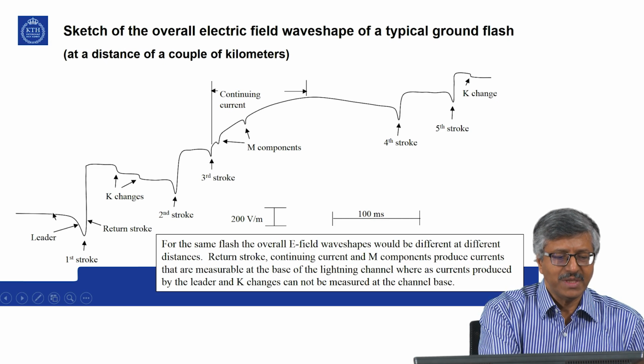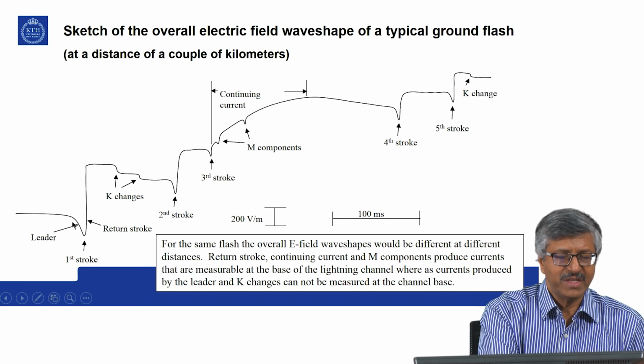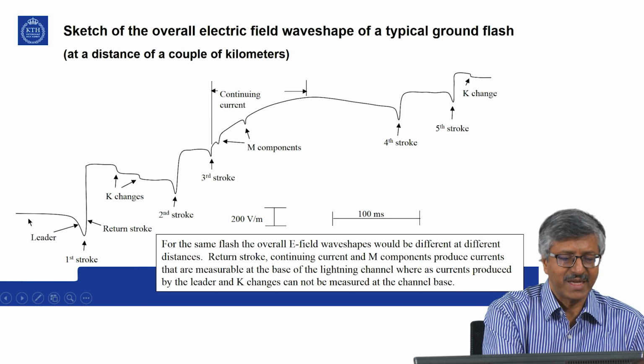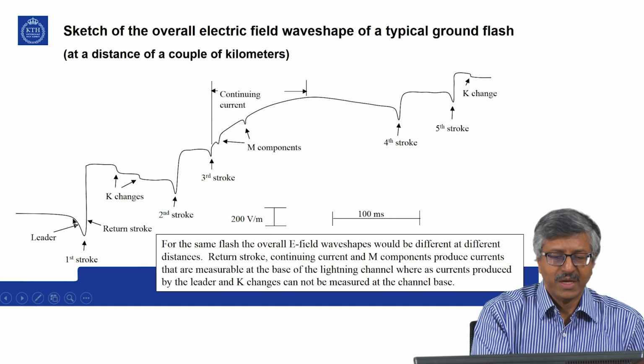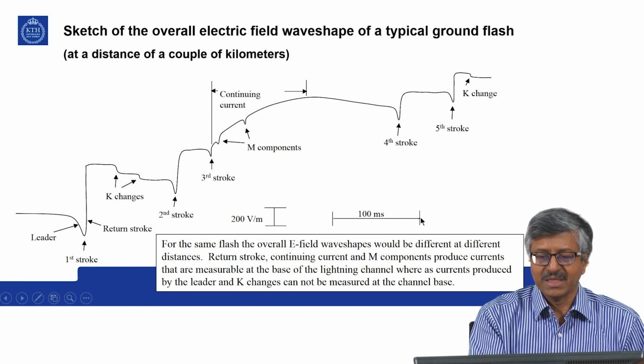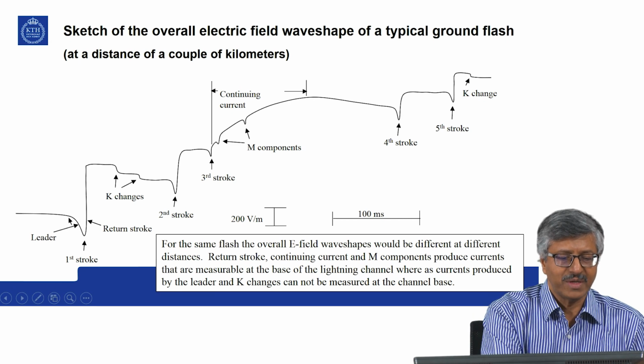As it approaches the ground, it will create an electric field change that goes in one particular direction. Here it is negative, this is a negative leader. So we are talking of negative cloud to ground flashes. The time scale here is about 100 milliseconds, so we are talking of a several millisecond process.